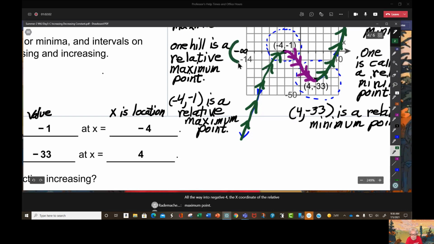So from negative infinity to -4, the graph is increasing, and from the x-coordinate of the relative minimum point, we start increasing again and going forever.